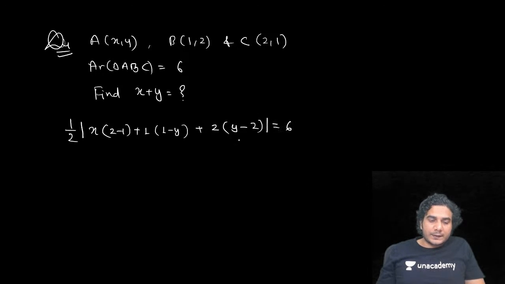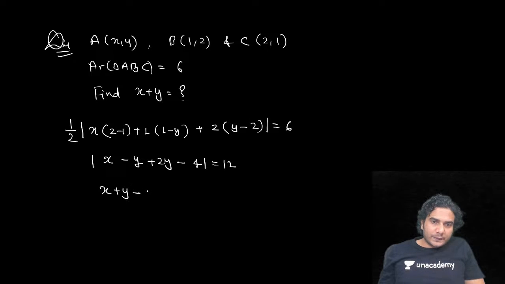This is given 6. Simplify it. So it is going to be x only minus y and plus 2y minus 4. This is equal to 12, and this is x plus y minus 4.